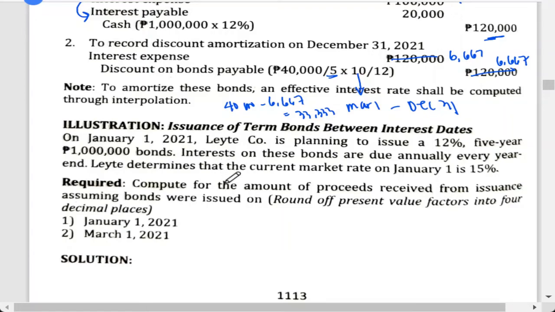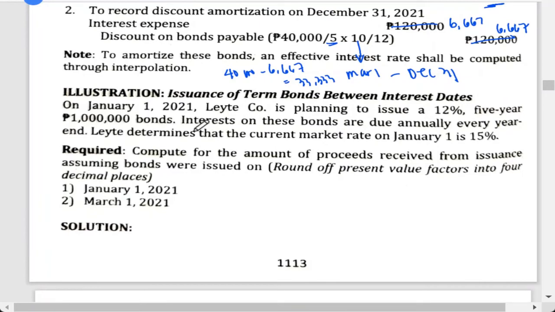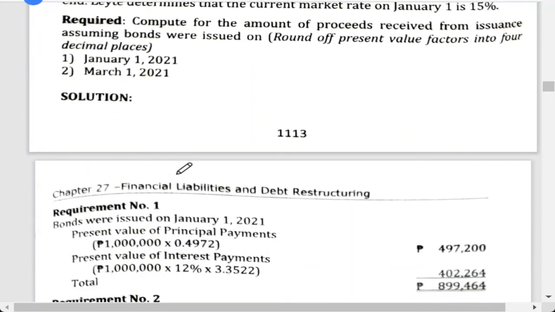Interests on these bonds are due annually every year and Leyte determines that the current market rate on January 1 is 15%. Compute the amount of proceeds received from the issuance, assuming bonds were issued on the following dates. January 1, 2021, same date of the issuance, and then March 1.